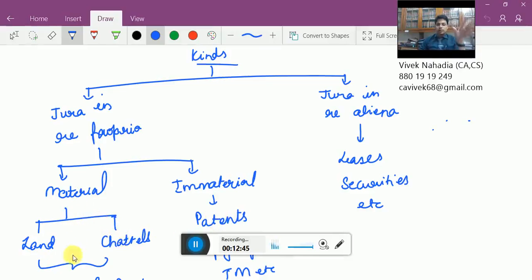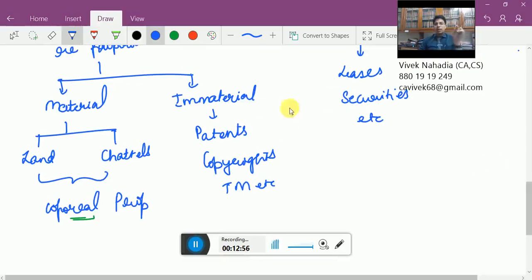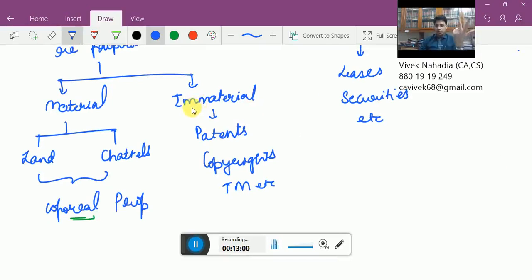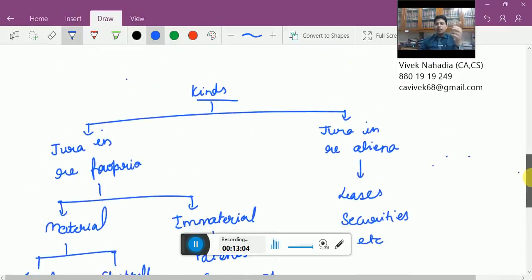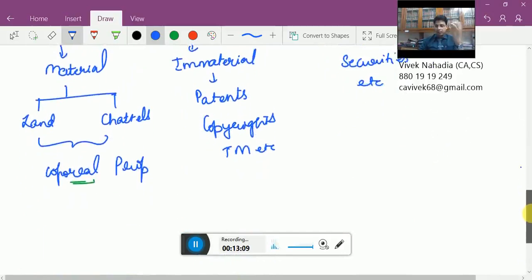So these material things will be called what? Corporeal property, because these are the real properties. And the second part is immaterial. Immaterial means what? Patents, copyrights, trademarks, etc. And jura in re aliena means leases, securities, etc. And these are also immaterial.